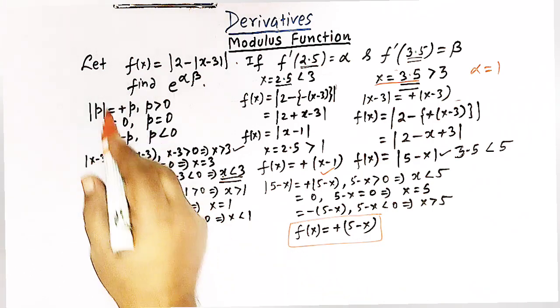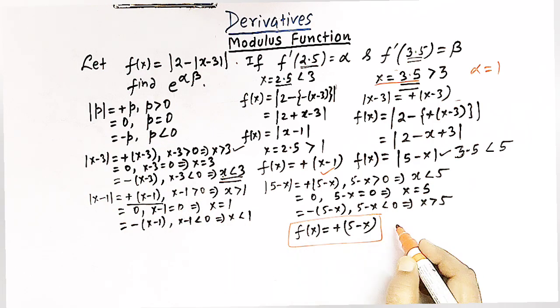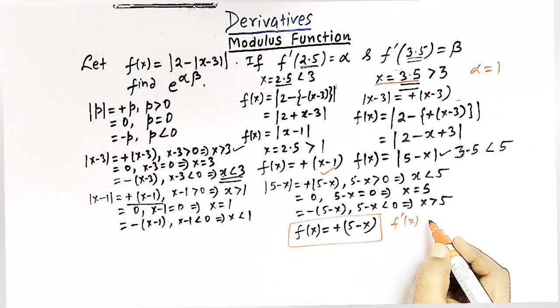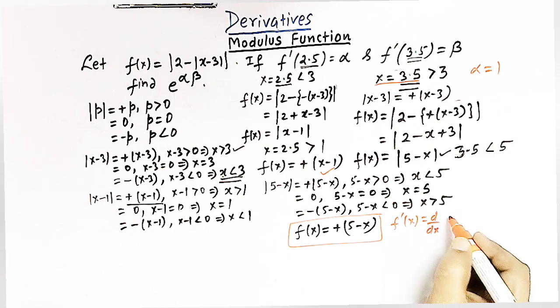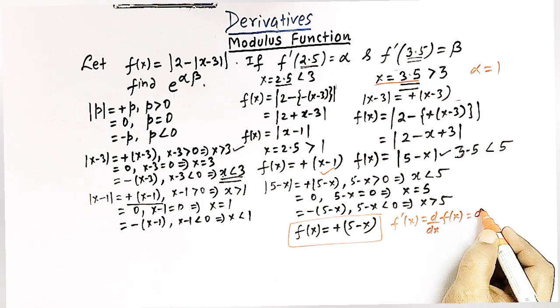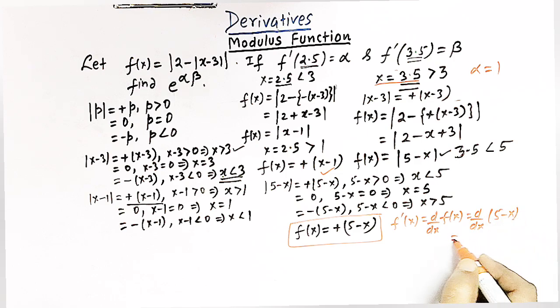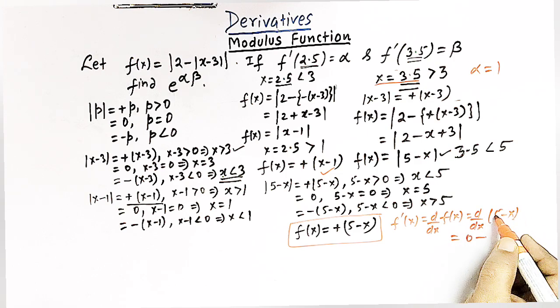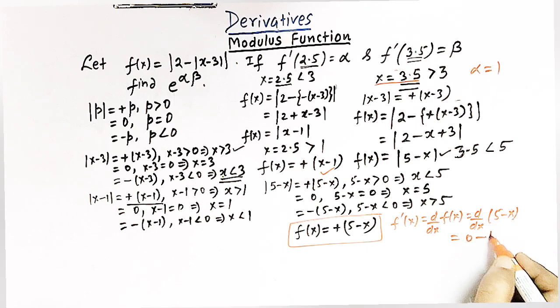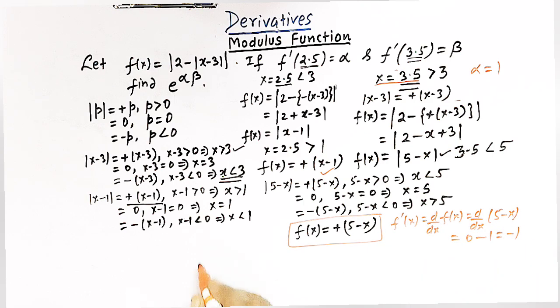So now we can differentiate f of x. So we have f prime of x is equal to d by dx of f of x, that is d by dx of 5 minus x. Now the derivative of 5 is 0 being a constant, and the derivative of x is 1, so we have minus 1.